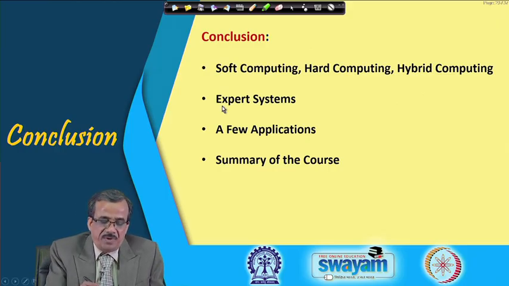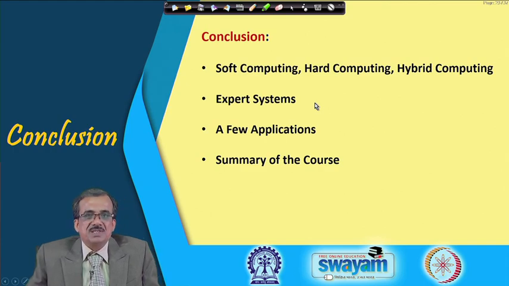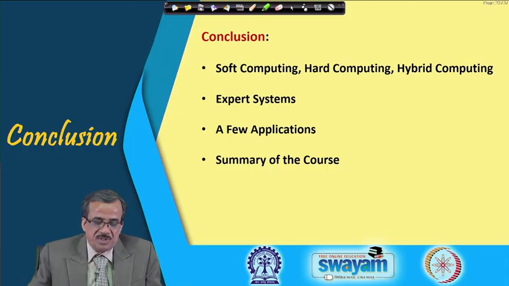We have also defined what we mean by an expert system, and we have seen that it is not simply one computer program; there is something extra, that means we try to copy the behavior of a human being, the way he solves a particular problem, and we model that in the expert system or the knowledge based system.